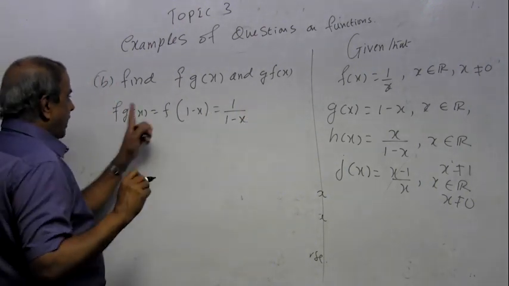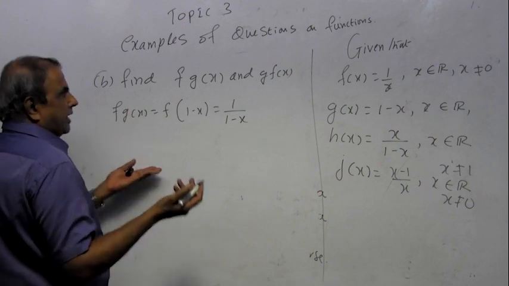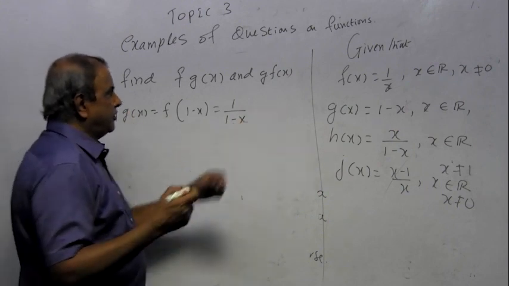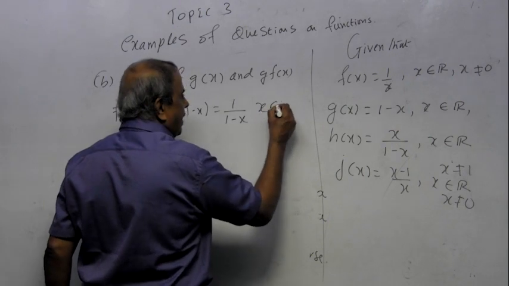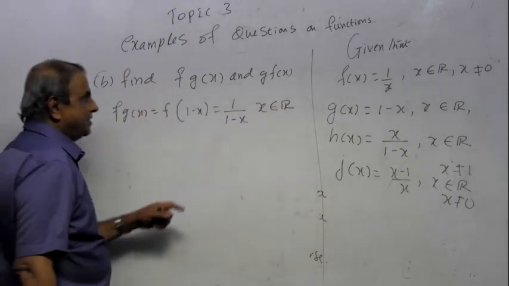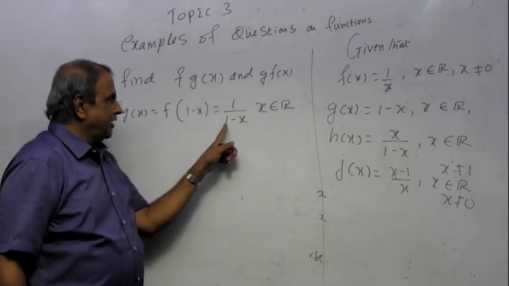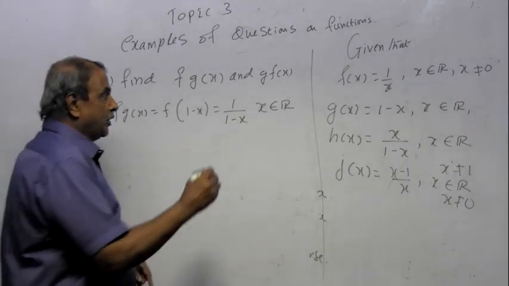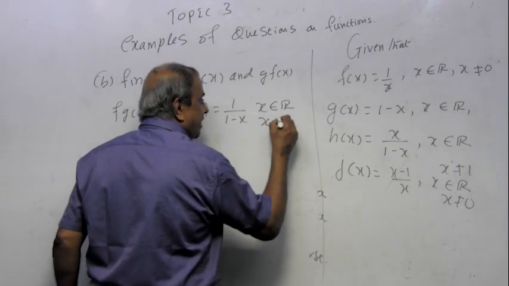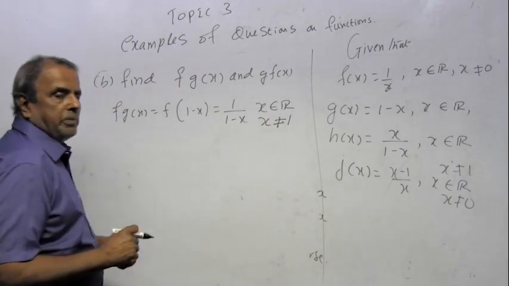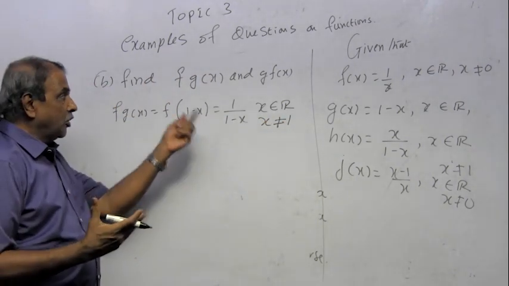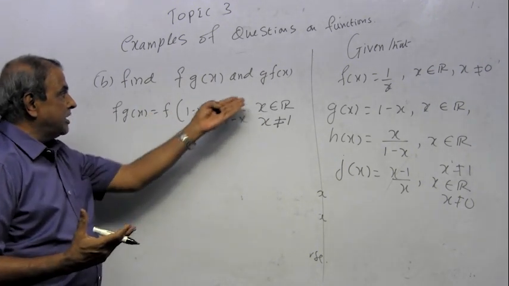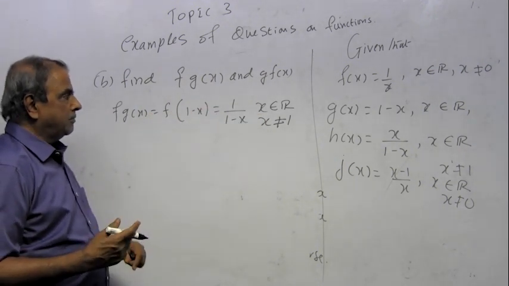Then the domain of fg is the domain of g. What is the domain of g? X belongs to R. But when x equal to 1, you are dividing by 0. So you need to add a condition x cannot be 1. Even though the domain is there, the function will not be defined at x equal to 1.